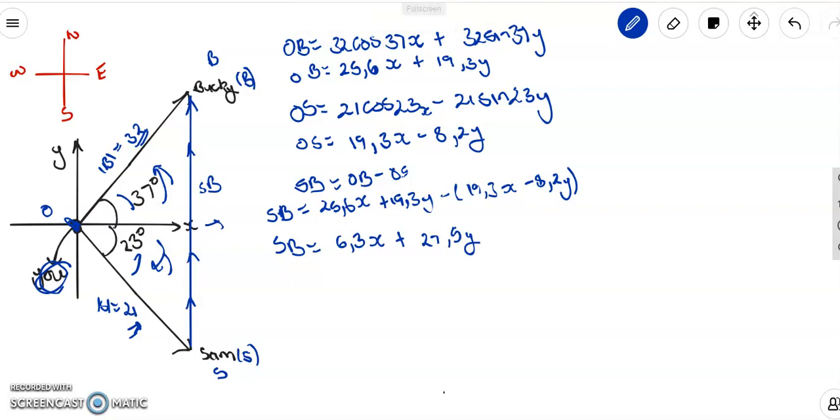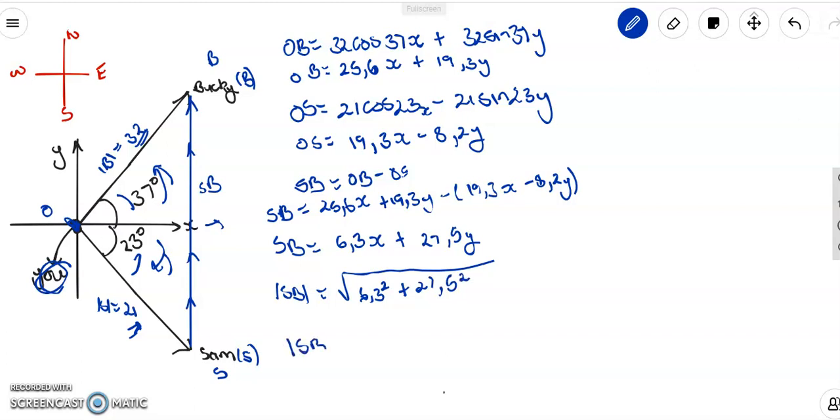We square the components of the vector and put them under a square root. That's the square root of 6.3 squared plus 27.5 squared.